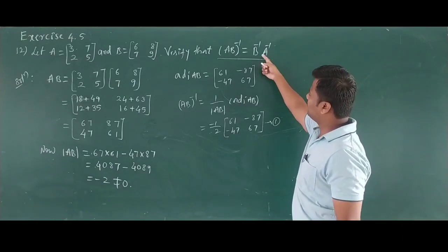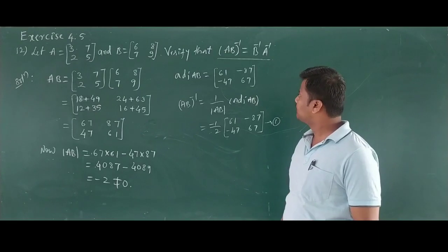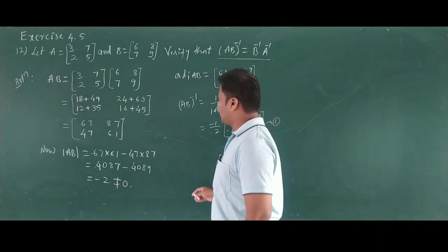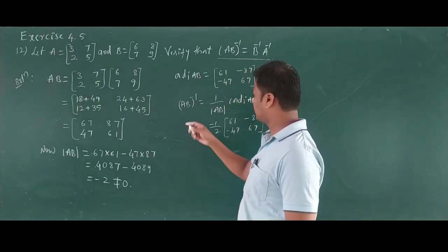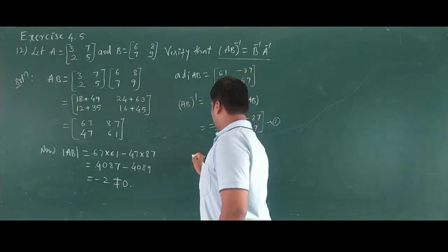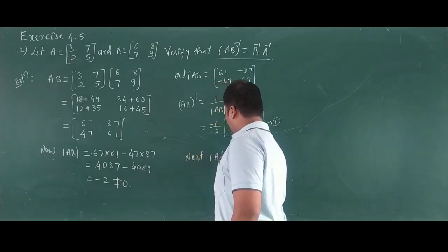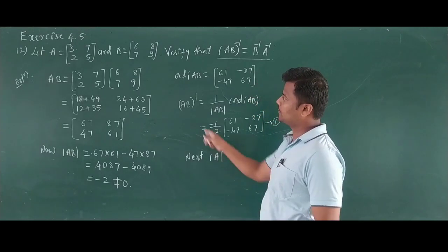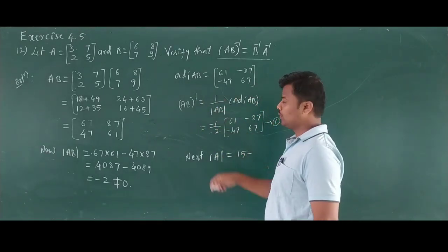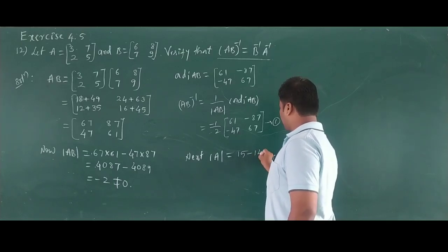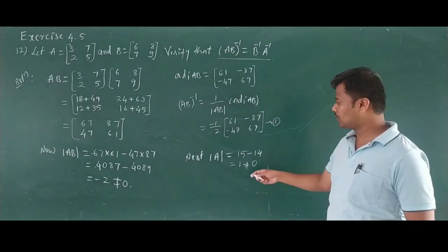Next step, B inverse into A inverse to find. For A inverse, first we need determinant of A, then adjoint of A. Determinant of A is 3 into 5, 15, minus 2 into 7, 14, that is 1, which is not equal to 0. Then A is non-singular.